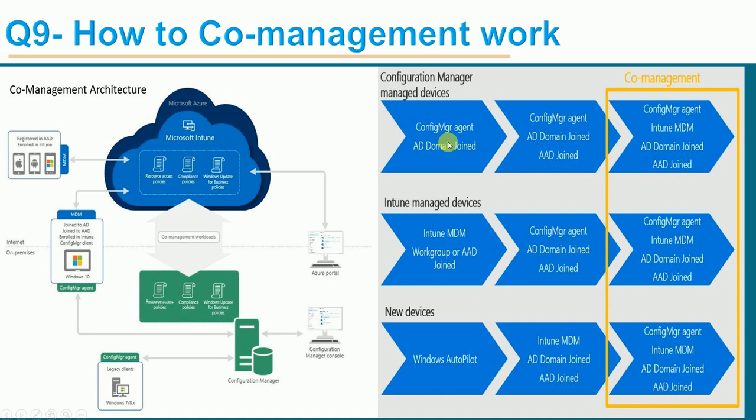What you need extra for co-management is Azure AD join. With the Config Mgr agent and Azure AD join, your device will be completely moved to co-management. If your device is in Intune, like Intune MDM, workgroup, or AAD joined, then you need the SCCM client installed on the device. Then your device will be co-managed.